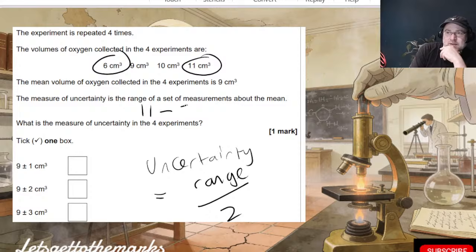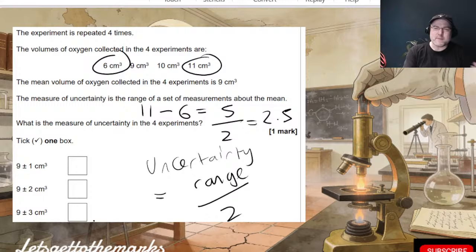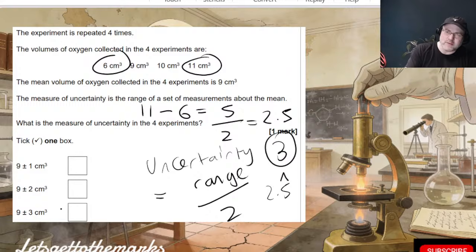I go 11 minus 6 equals 5. I divide it by 2 and I get 2.5. But sir, none of these say 2.5. But 2.5, as you know in maths, you're going to round to 3. So the correct uncertainty is 3 centimeter cubed here. So you do the range, divide it by 2, and in this case we had to round to 3 rather than drop to 2 because it was a 5. If it was 2.4, we'd have put it as 2.